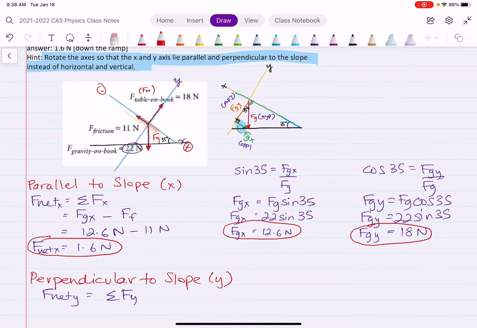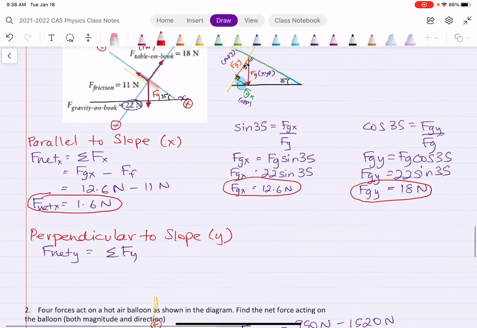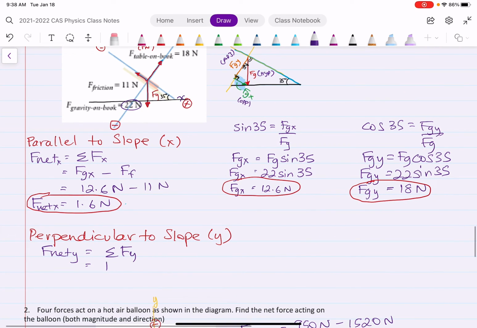We pick up to be positive and down to be negative. The up force is the normal force, Fn, minus, because it's down, the y component. That force acting down perpendicular is minus Fgy.